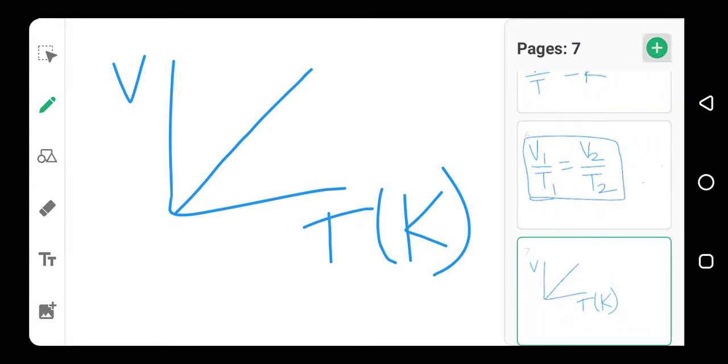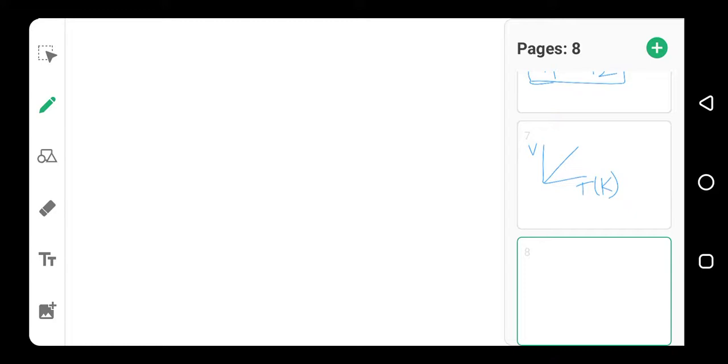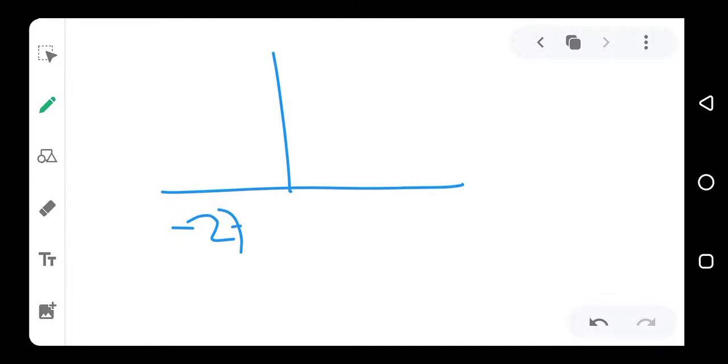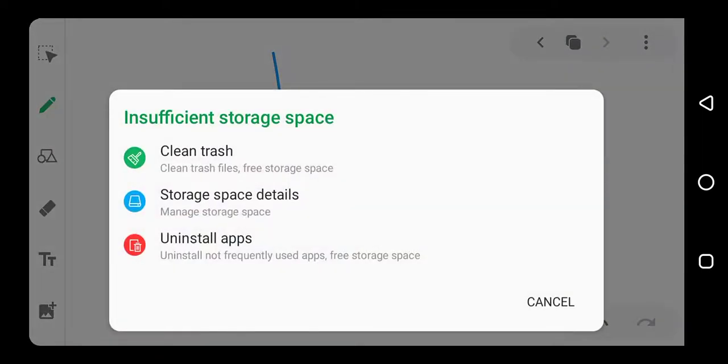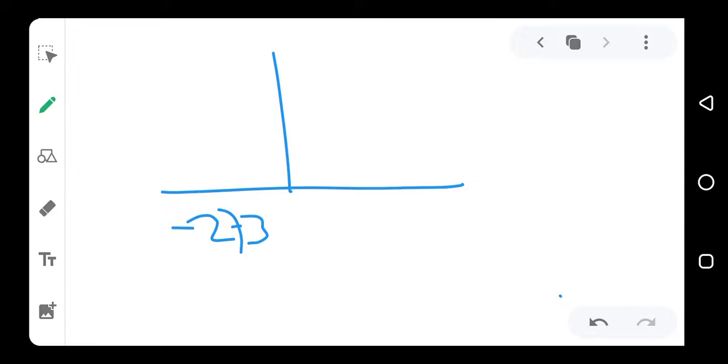But if we are leaving the temperature in degrees Celsius, the graph will look like this, starting from minus 273. The graph will go like this. From this negative side, it has a broken line, but then at the positive side, it has a thick line.